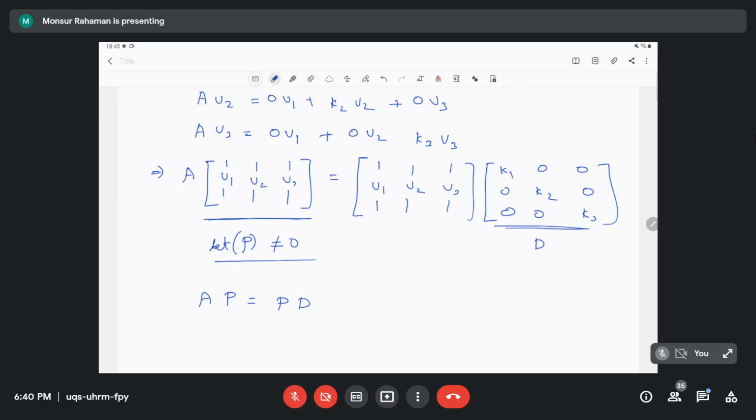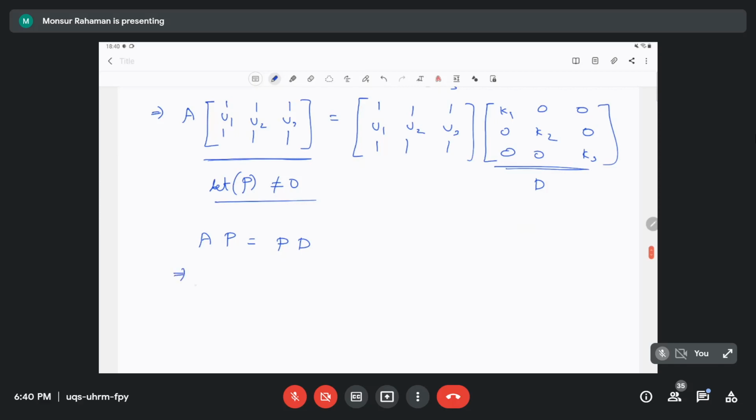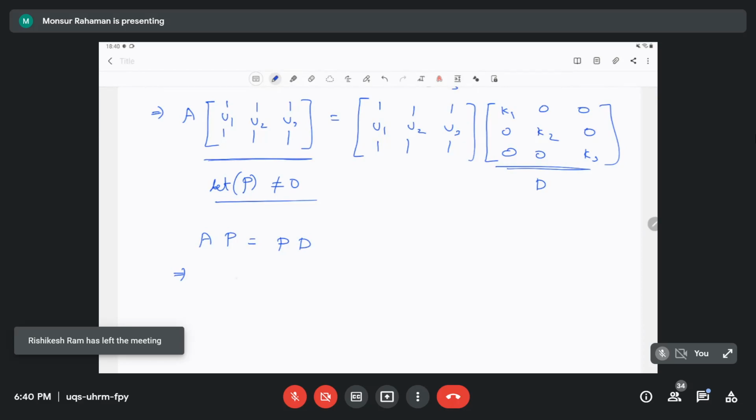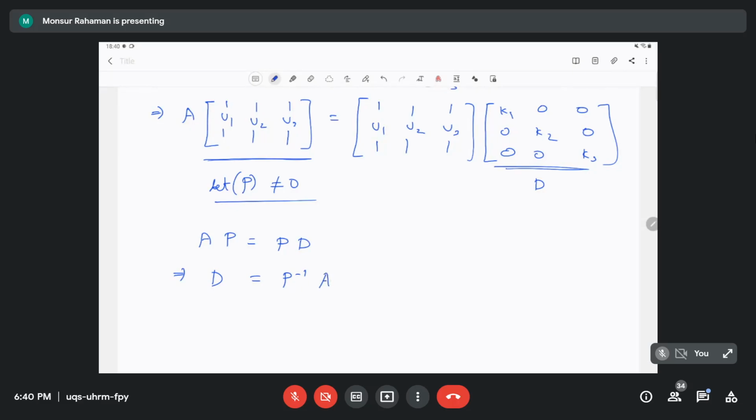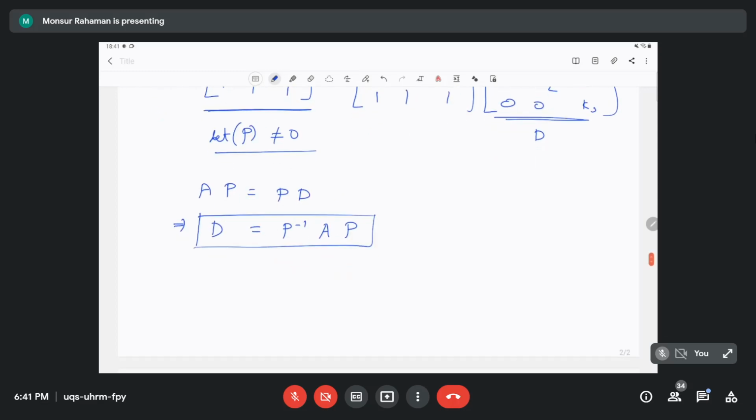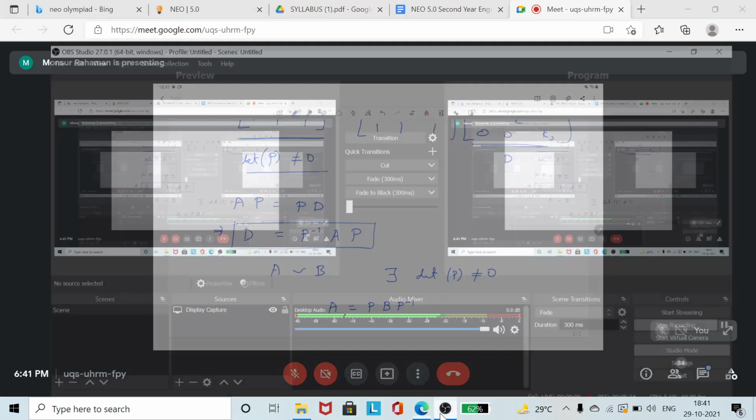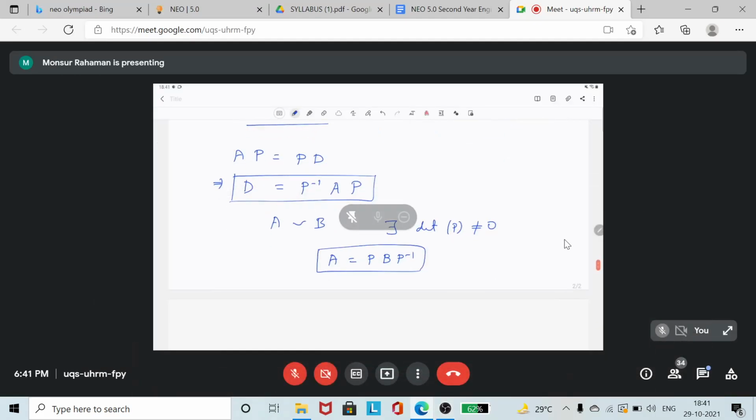So you can write D equals P inverse A P. You know two matrices are similar when there exists a non-singular matrix, meaning the determinant of P is not equal to 0, such that they can be written in this form, with P inverse. So they are similar matrices.